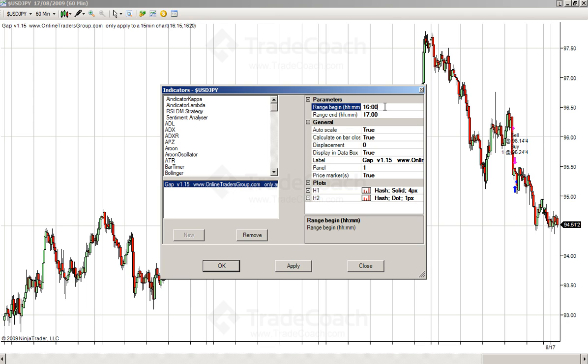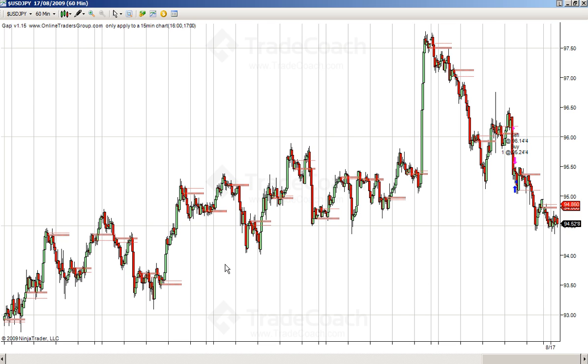Now, if you set this from 1600 to 1700, can everyone see what I'm doing there? I've changed the settings of my gap so it's at hourly points from 1600 to 1700, and then I'm saying, okay, now my gap appears again.